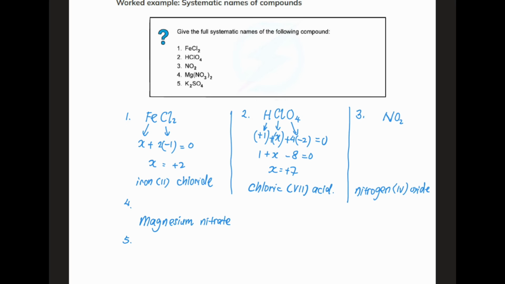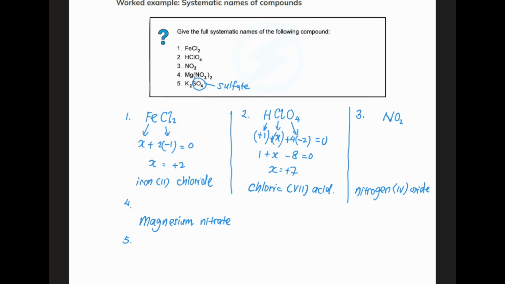If you learned some basic anions from the previous level, I mean from IGCSE, let's say, you should know that this is called sulfate. Oxidation number is not required for sulfate.